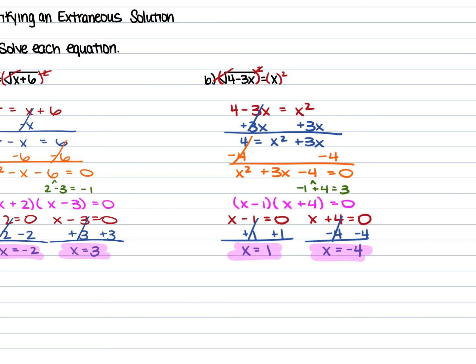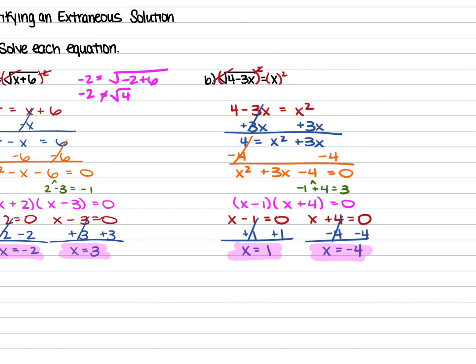If you plug it in, you'd have negative 2 is equal to the square root of negative 2 plus 6. Well, the square root of negative 2 plus 6 is the square root of 4, and the square root of 4 is not negative 2.